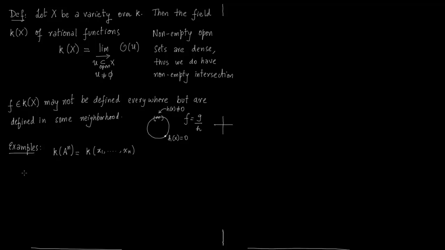So first example is k of A^n is just k(x1, x2, ...), so this we have seen before. More importantly, k of P^n is also k of A^n, and this we need to see. Now obviously the projective space is covered by open sets, and now we have to talk about each open set, what is happening.